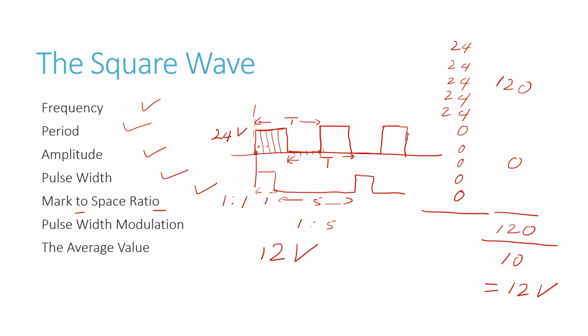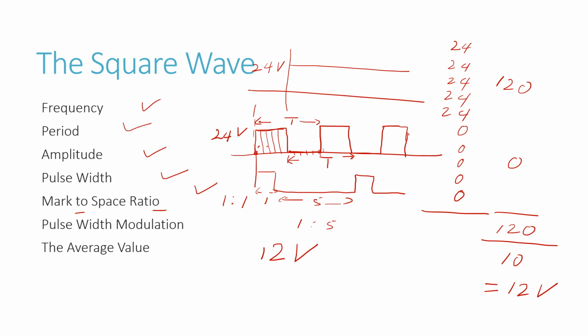So here's where motor control comes in. Suppose we have a motor that we've designed to run at 24 volts maximum speed, right? If you switch on the power supply on all the time for 24 volts, it's going to run at full speed.